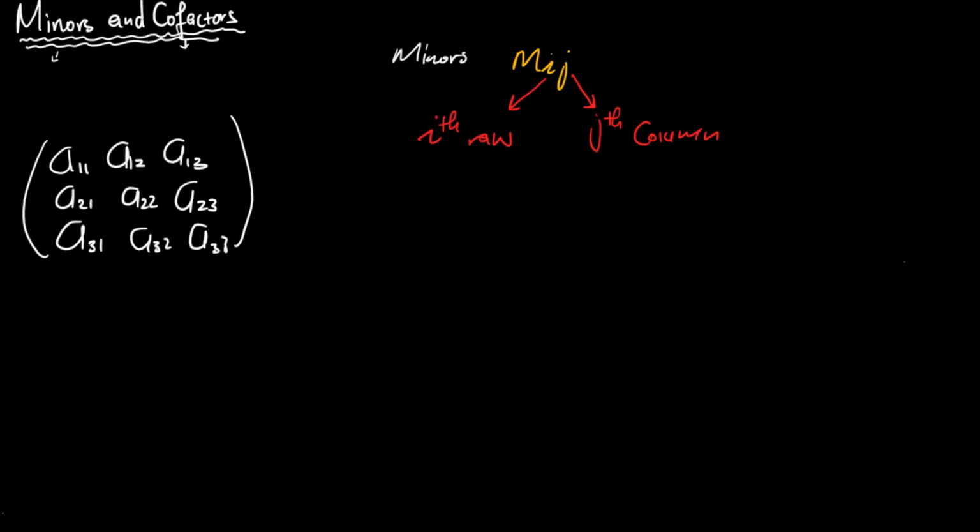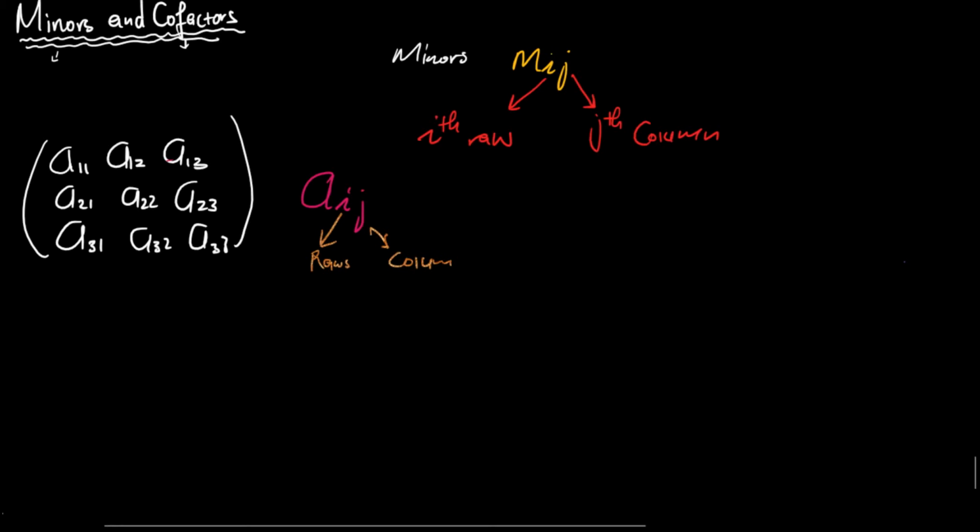When we have Aij, you can notice two things: these are the rows and these are the columns. When we are dealing with minors, we're going to be dealing with rows and then columns.